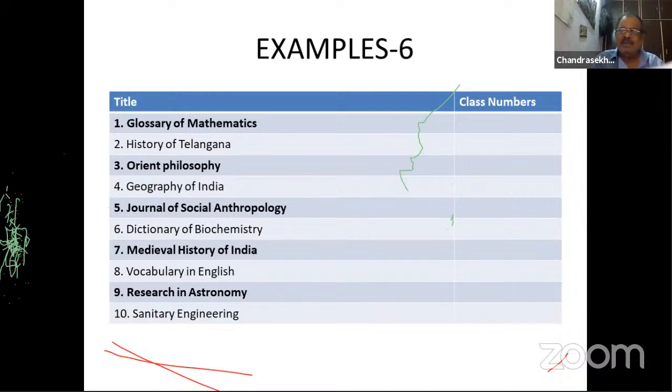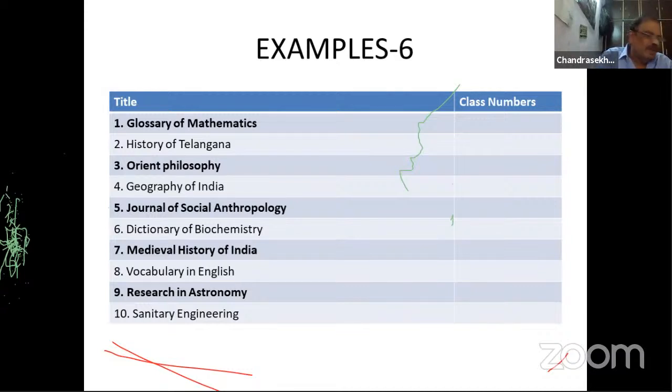But he has taken only one. So 51 is base number, 0103 is dictionary. So 510.3, that is the correct number.